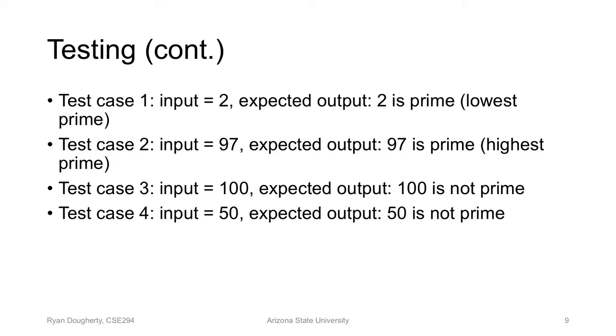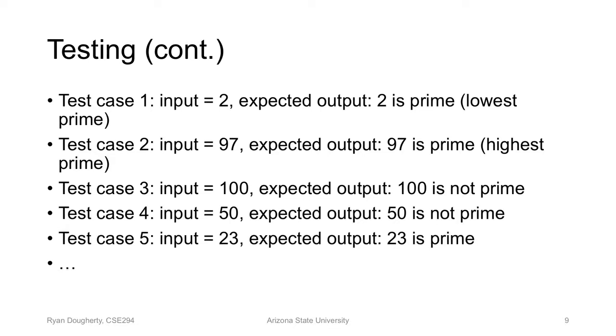Another one, 50 is not prime, 23 is prime. And we can make more test cases. Obviously, the best test suite would have a test case for every single number, but that would be exhaustive. I don't want to write prime, not prime for nearly 10,000 numbers.